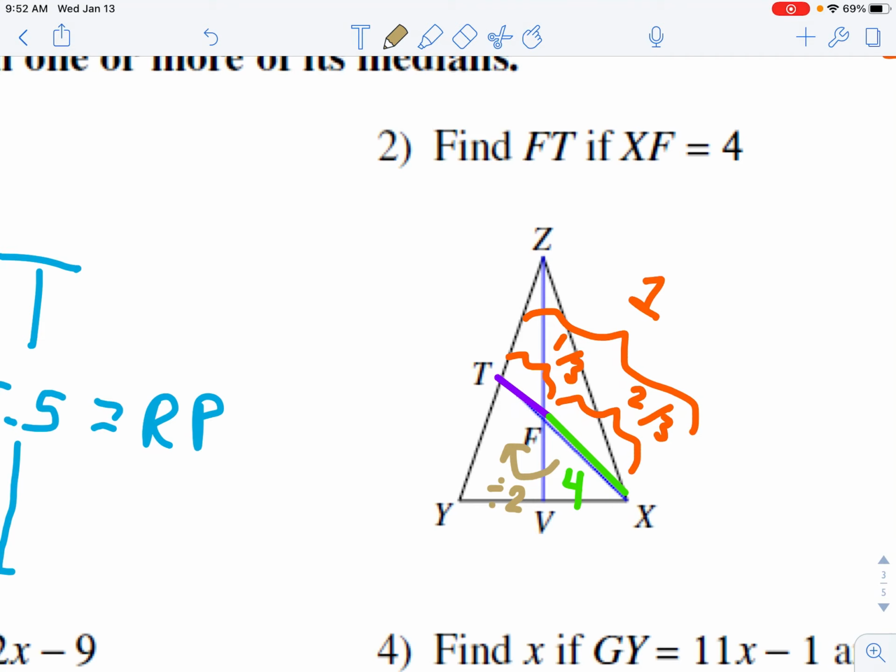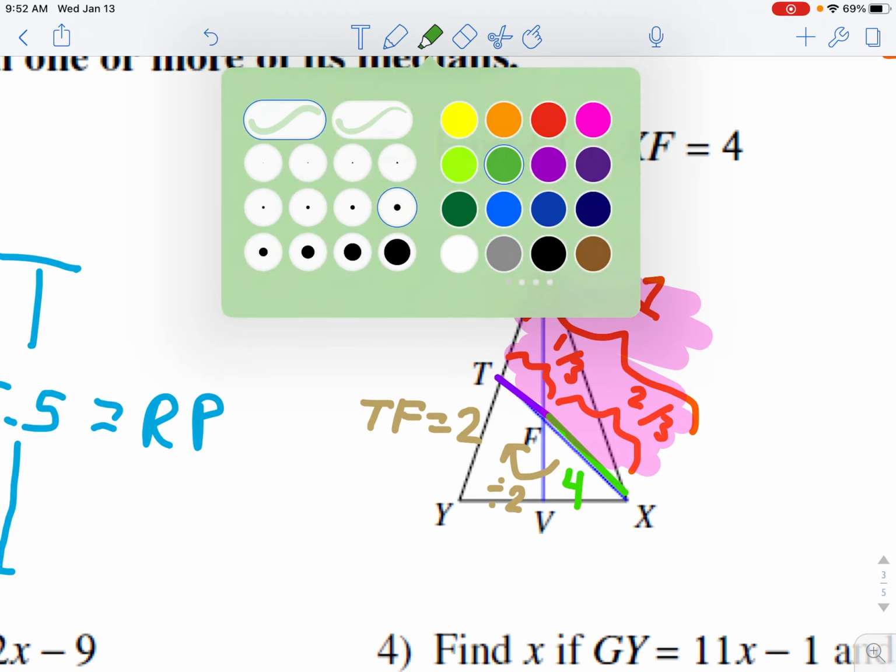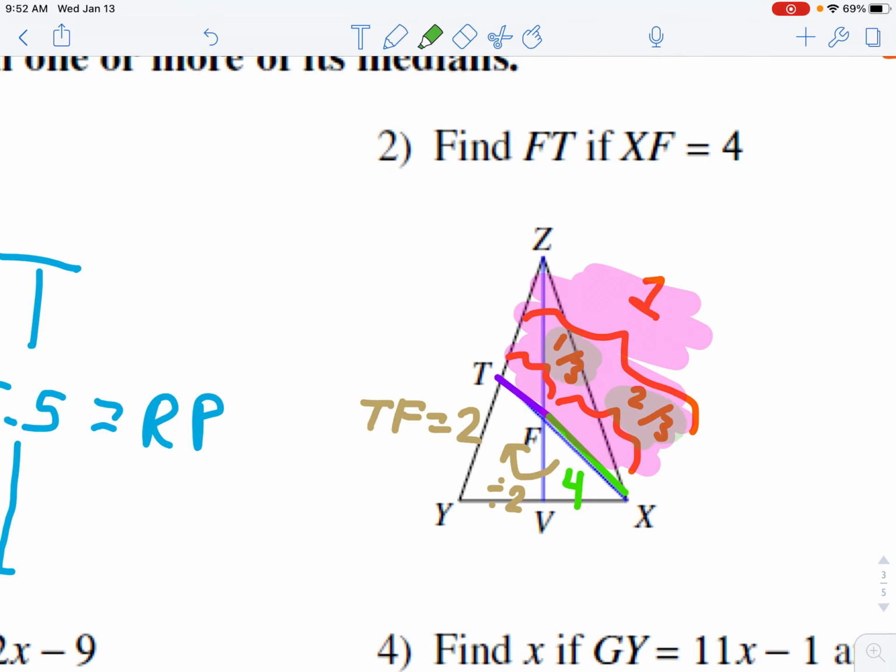So angle to centroid is double the distance of centroid to midpoint, so divide by 2. So really, if you understand these ratios and have them all memorized, it equals 2. You did 4 divided by 2, boom, it's 2. All right, this is kind of the overgeneralized rules though, and if you're good at fractions, hopefully you understand that 2/3 is double the length of 1/3, so that's why we know that.